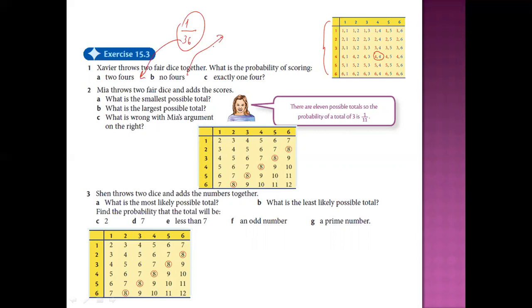And the second question, what is the probability of scoring no 4s? So not any 4, okay? In this case, we have one 4, but we don't use this case. Also, I want to show you where the 4s are here. So for this column, we cannot use this column because in the question, no 4s is written, okay? And also the 4th column or rows, so sorry, rows of the 4th column.